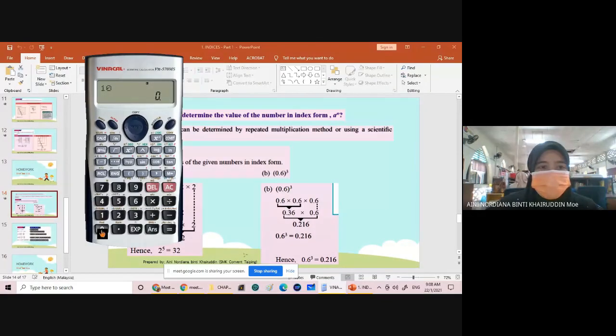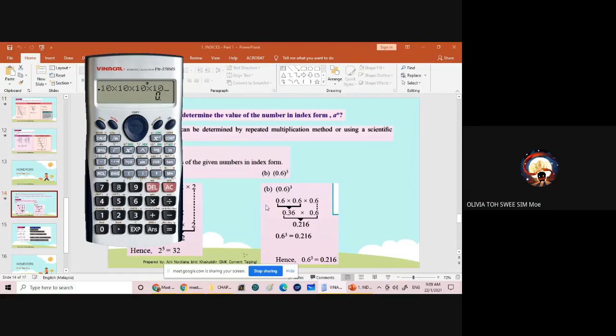If you want to find the value of 10 to the power of 6, do you have to do it like this to get the answer? No, teacher.